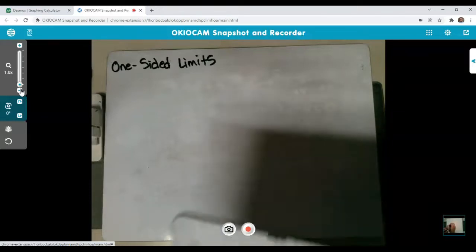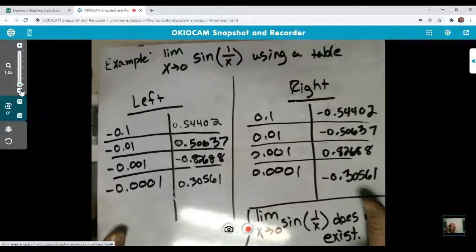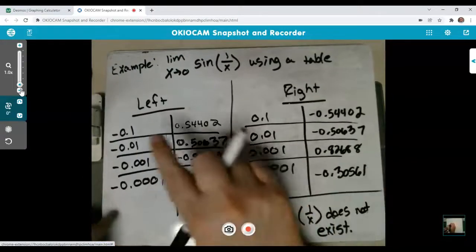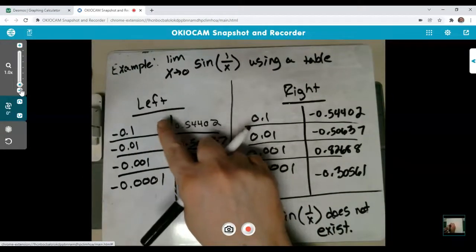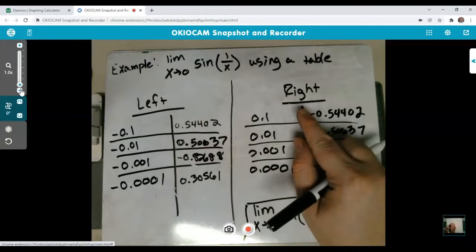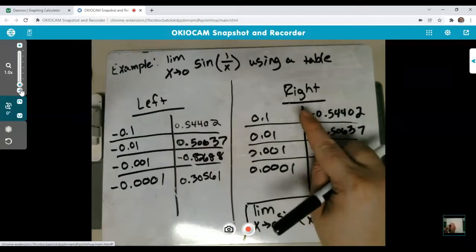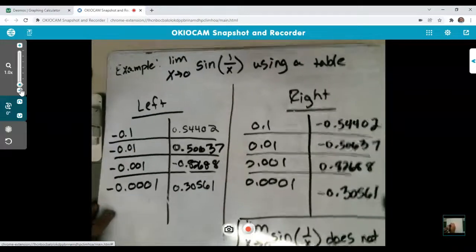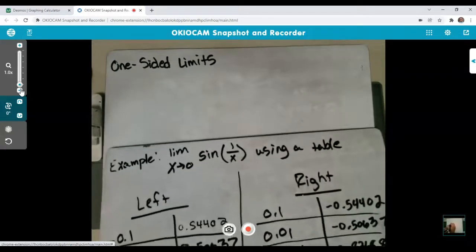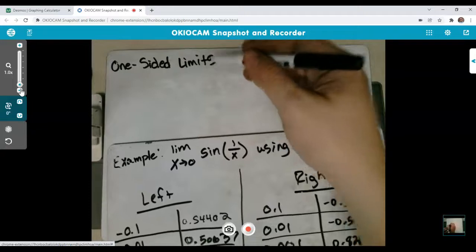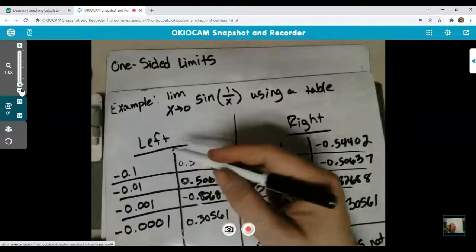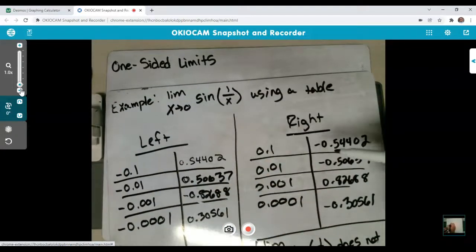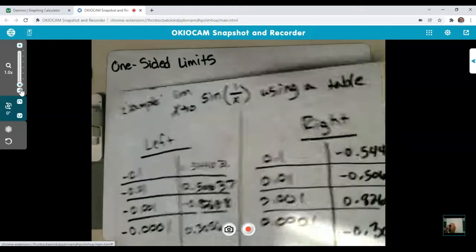So notice on the table ones we did, I had to go from the left side and from the right side, right? So that's basically what these are. I'm only going to look at just the left side or just the right side, okay?